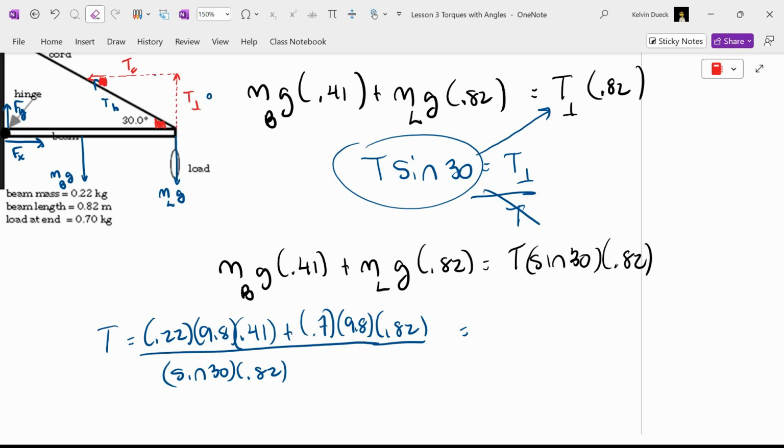Finding the tension is actually kind of the easy part. And I think this actually works out to a non-repeating decimal. I think you get like a clean answer to 3 decimal places or something like that.